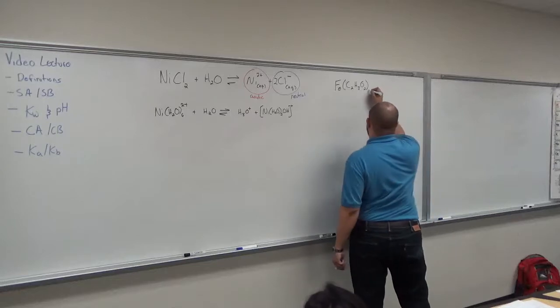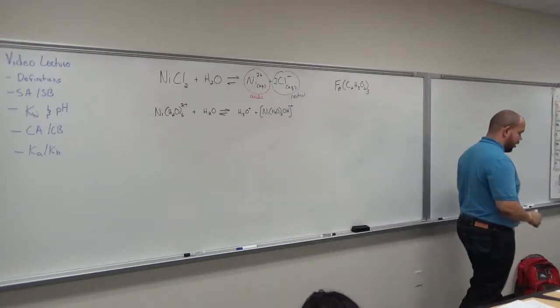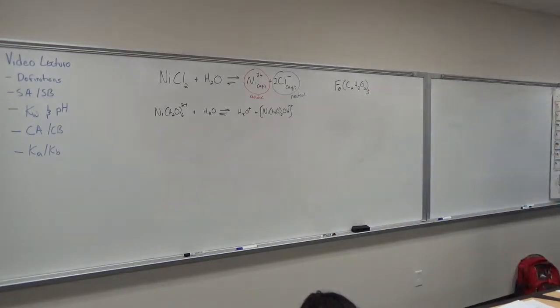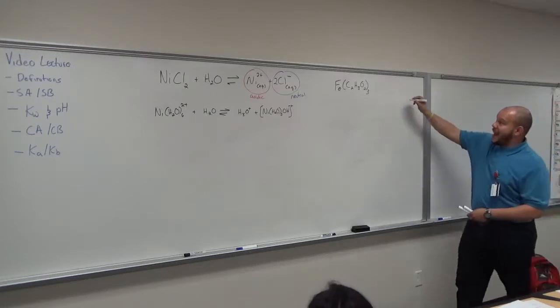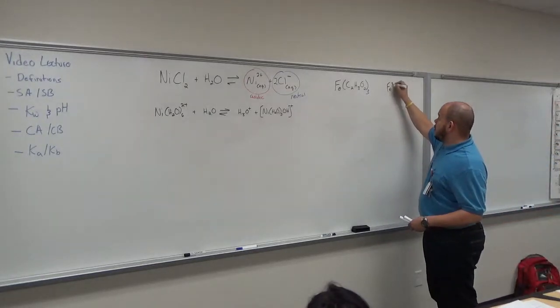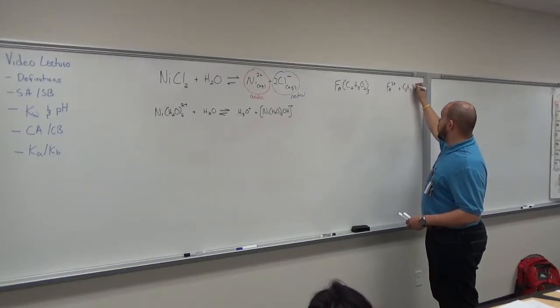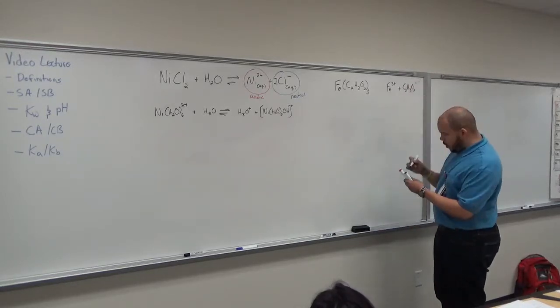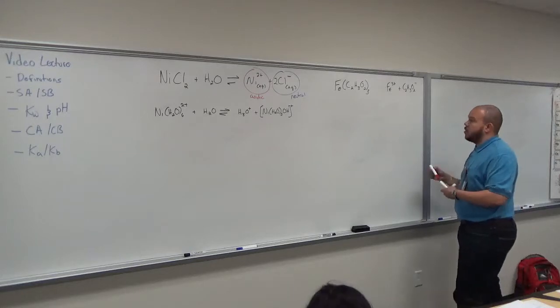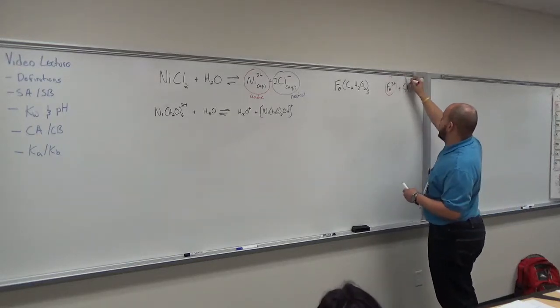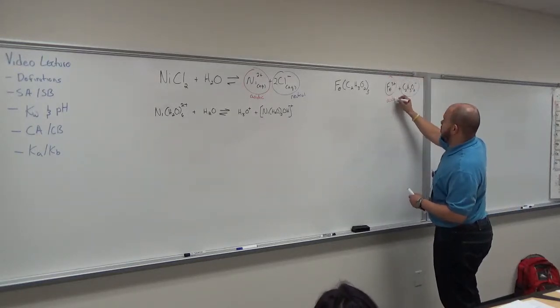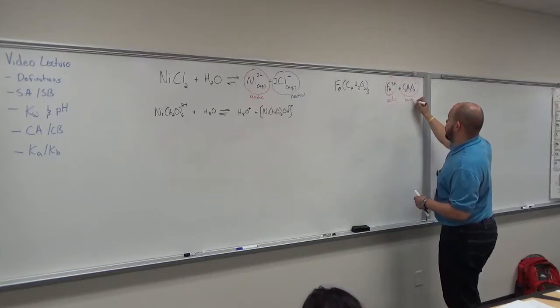If we got iron 3 acetate, we're dealing with a salt that involves a cation that we know is acidic and an anion that we know is the conjugate of a weak acid. So we know that it is basic, right? So we have something that is acidic and something that's basic.